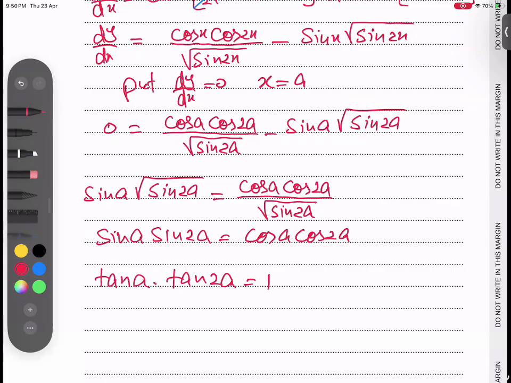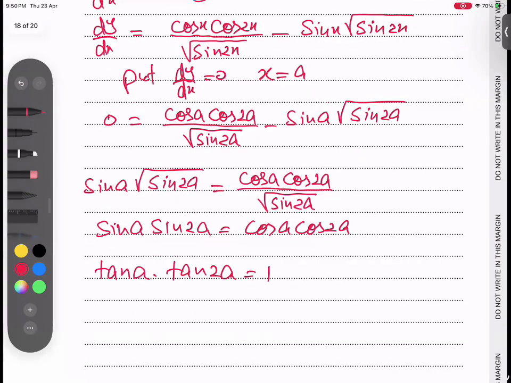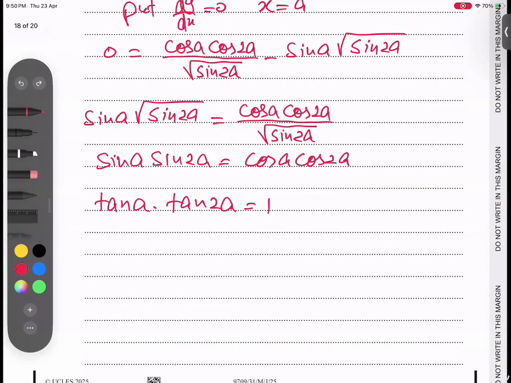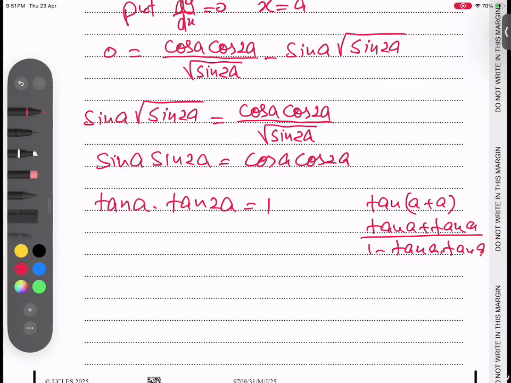Now, students, after this, what to do? We have a choice here. We have to apply the fundamental law of tan. And what is the fundamental law of tan? If you recall, tan of A plus A. Okay, I can replace here tan A plus tan A over 1 minus tan A times tan A. So I'm replacing this value here.